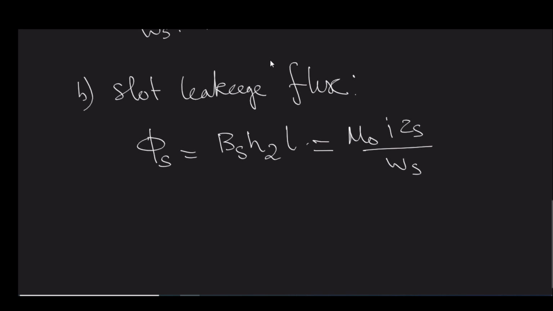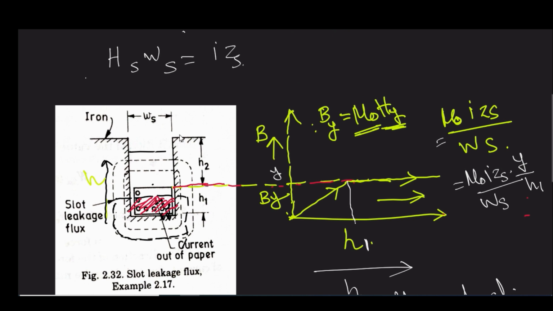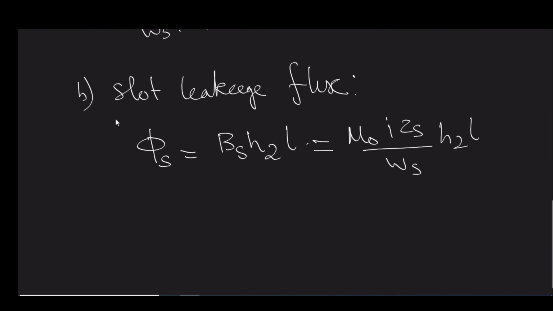So an obvious question that may come to your mind is why it is only H2, not the entire H, that is H1 plus H2. Why only H2 are you considering? The answer is very simple: whenever you have a current carrying conductor, it is not leakage flux, it is linked with your current carrying conductor.